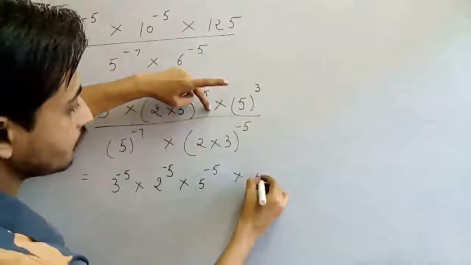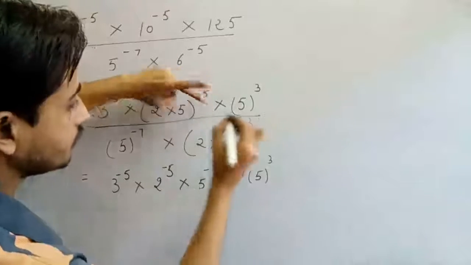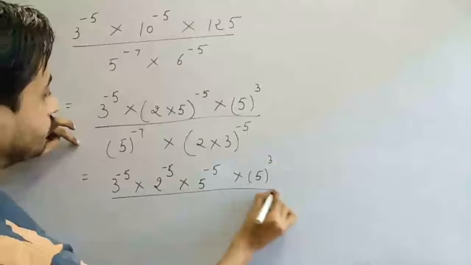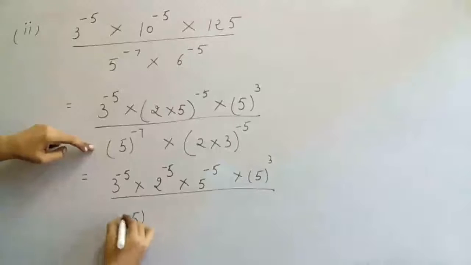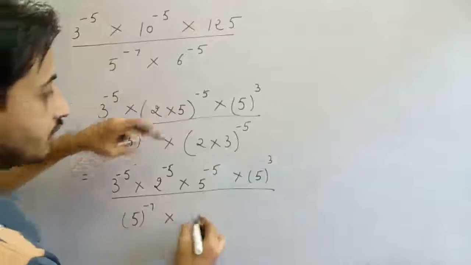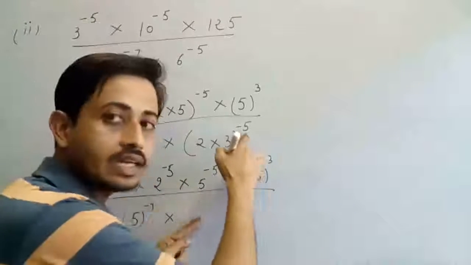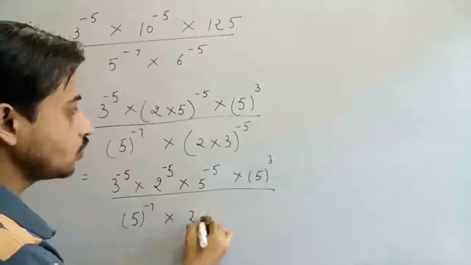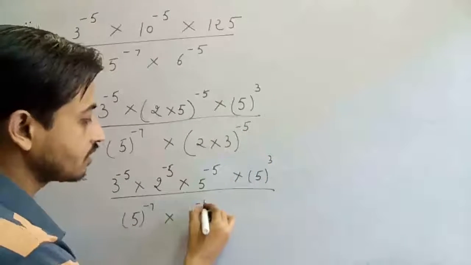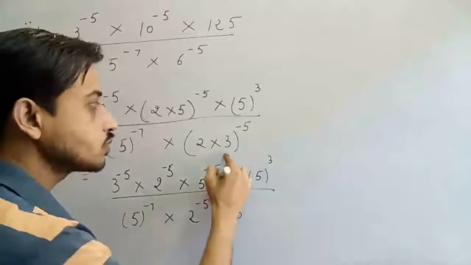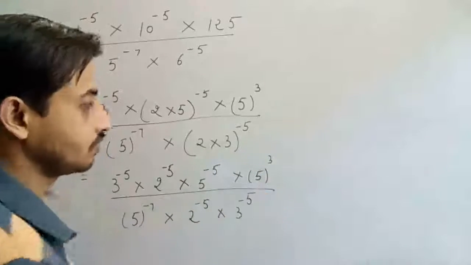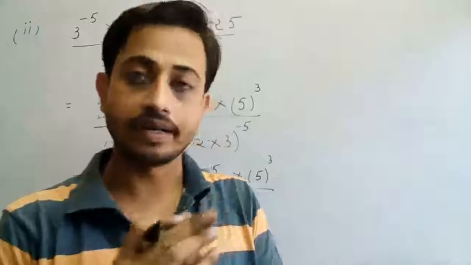Now this is multiply 5 raised to the power 3 divide 5 raised to the power negative 7. Same here, 2 into 3 raised to the power negative 5, so 2 has a power negative 5 and 3 also has a power negative 5. Now try to combine.